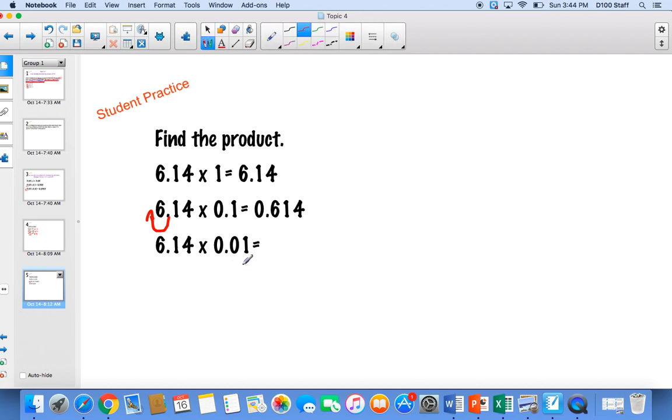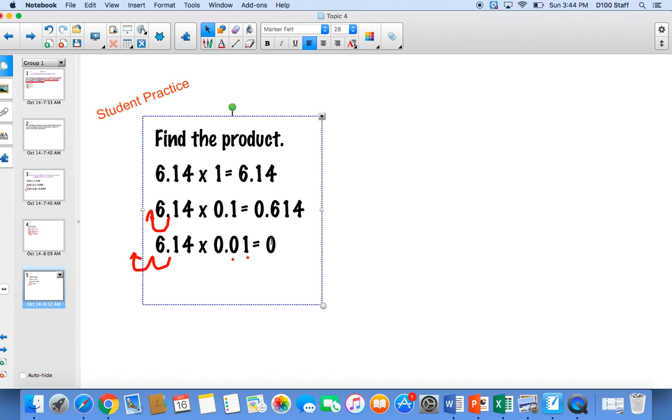All right. And last but not least, we're moving over 1, 2 places. I'm going to write my 0 in my whole number, or in my 1's place, I'm sorry. Then I have to add a 0 in my 10th place because I had an extra spot here when moving the decimal.